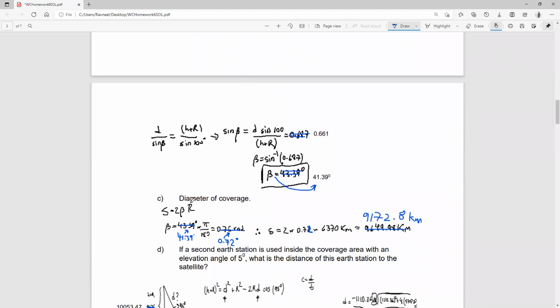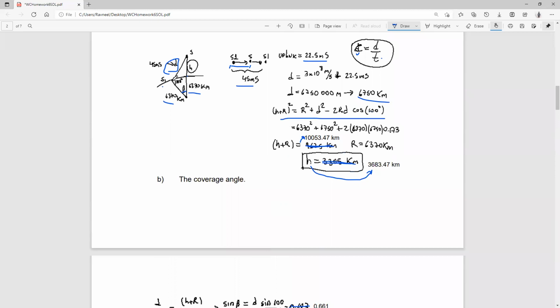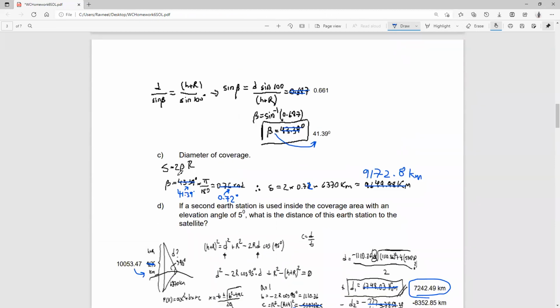Moving on to part C, the diameter of coverage. The diameter of coverage is this part over here. You can see this is the perimeter of a sector, given by 2 times angle times radius, where the angle should be in radians.